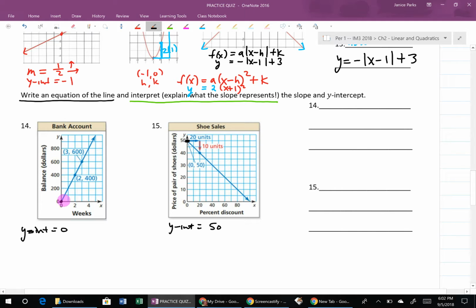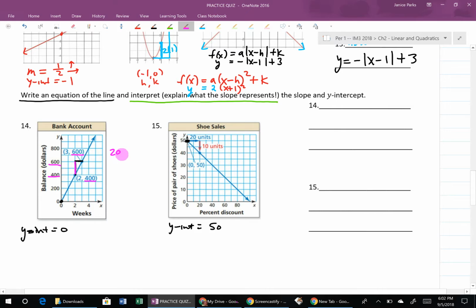So for this one, the initial balance in the bank account is $0. And then it rises, it goes up. And so the slope is going to tell us how much it rises. So I'm going to use these 2 points here. So the amount that it goes up is from 400 up to 600. Okay, so that's the up value.